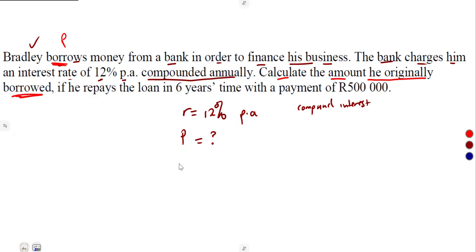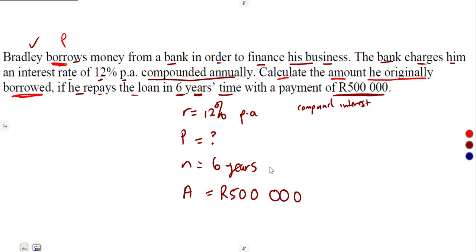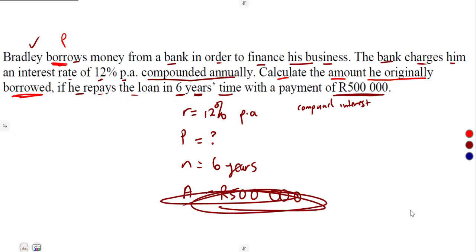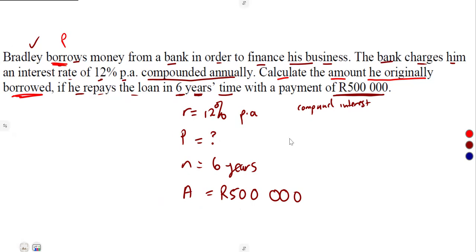But you are told that if he pays the loan in 6 years' time, the number of years, 6, the time period, with a payment of 500,000 rand, accumulated together from what he borrowed with the interest. The interest is already inside. So the question is calculate P.